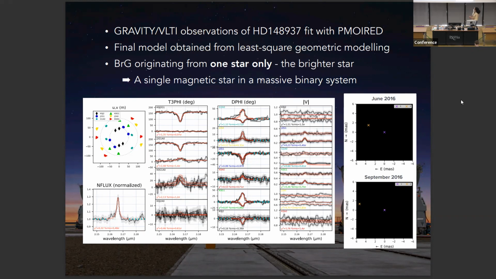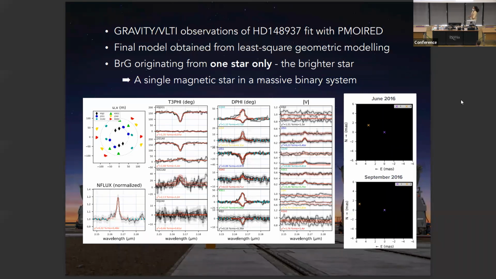In the bottom right, you can see the normalized flux, and here we can see a very clear Brackett gamma line emission. We can also see the evidence of this line in the closure phases, differential phases, and the visibilities as well. And by fitting these two data sets, one nice thing that you can do with PMOIRED is you can attach a spectral line to individual components of your geometrical model.